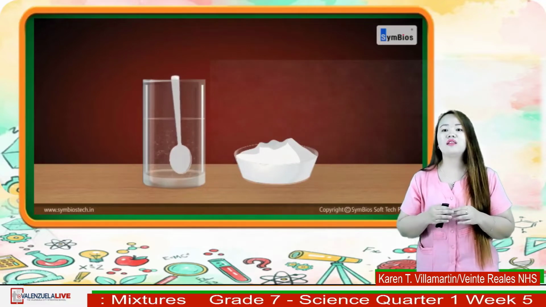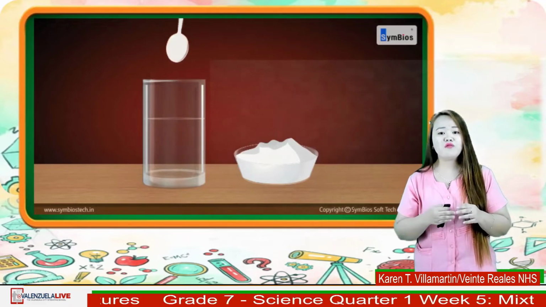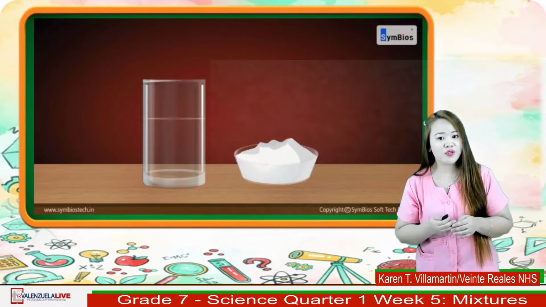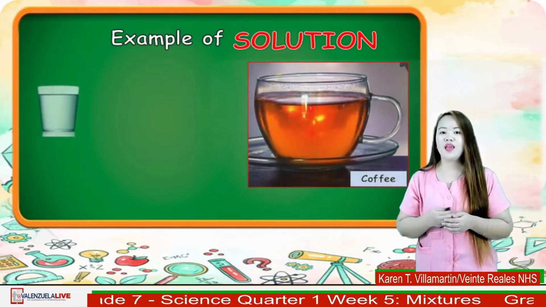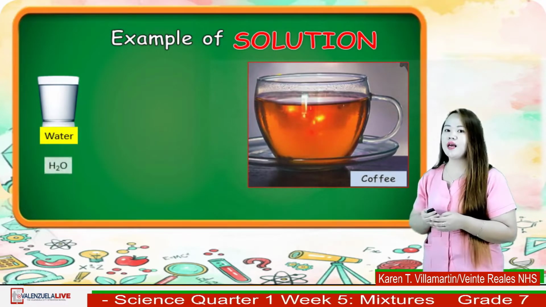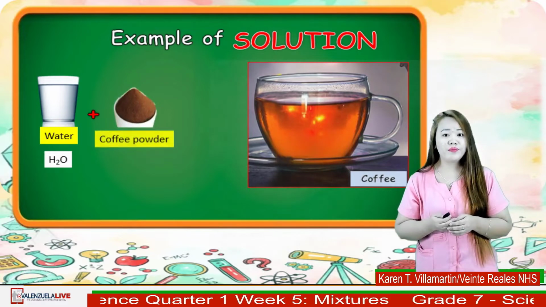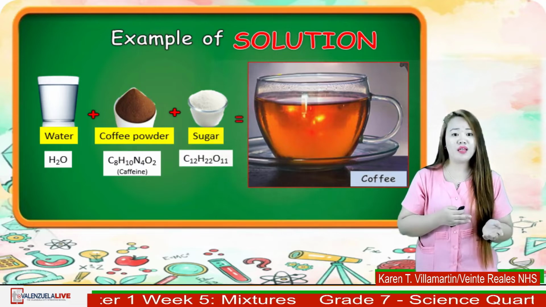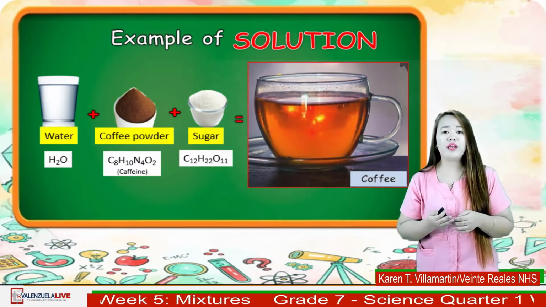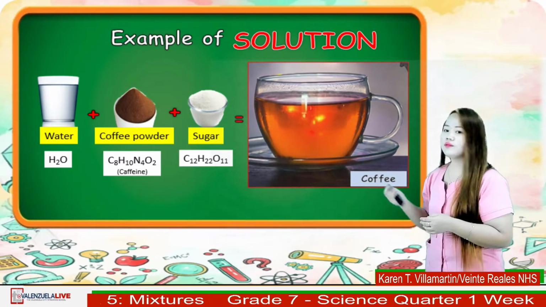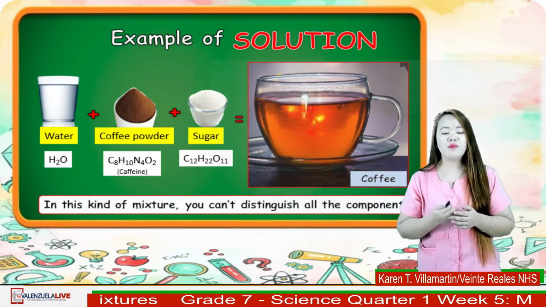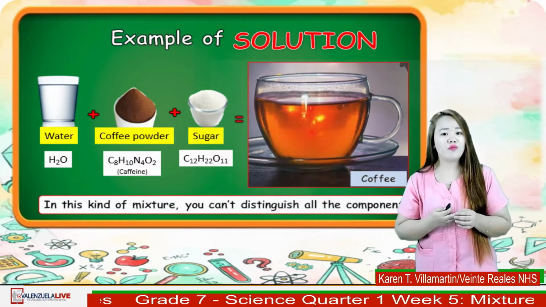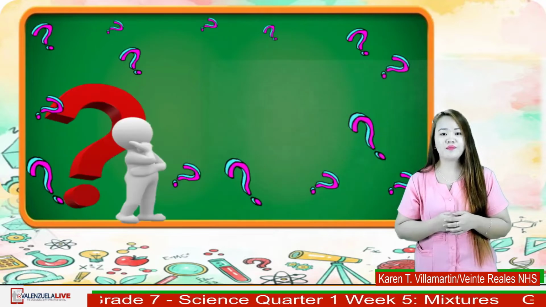And as the salt dissolves in the water, it forms a salt solution. A coffee is also an example of a solution. It is a mixture of water, which is the solvent, while coffee powder and sugar are the solute. In this kind of mixture, we cannot distinguish all the components.